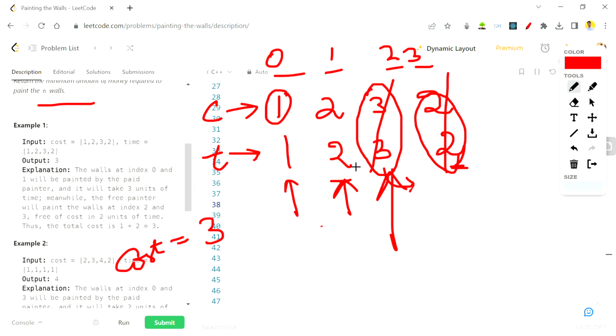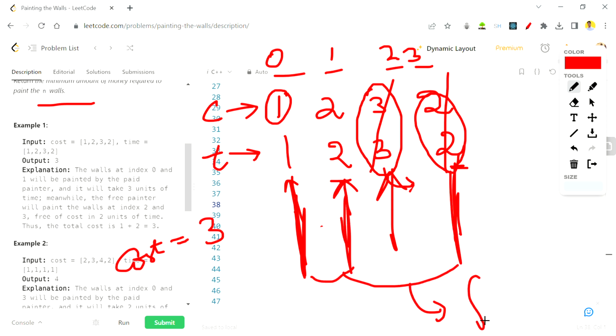Now for 3 days my paid painter is busy, and meanwhile I can assign the three remaining walls to the free painter, who can finish off the three walls in those 3 days. The cost is 3. By no other means can you reduce the cost, so the minimum cost here is 3.